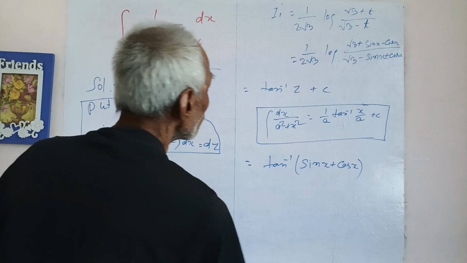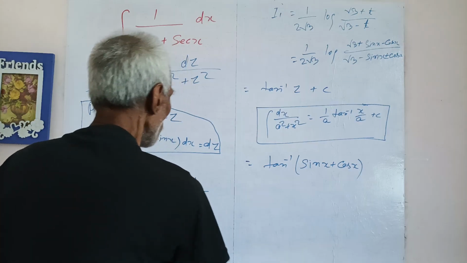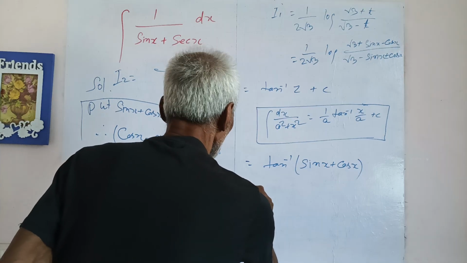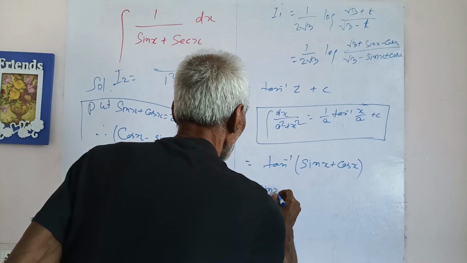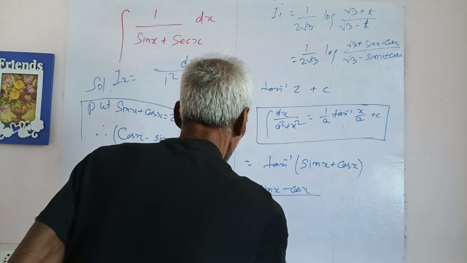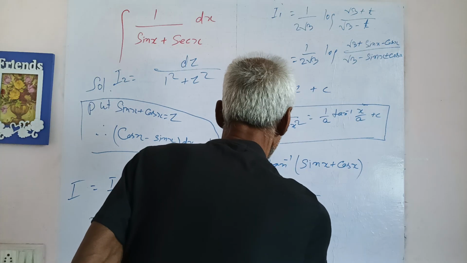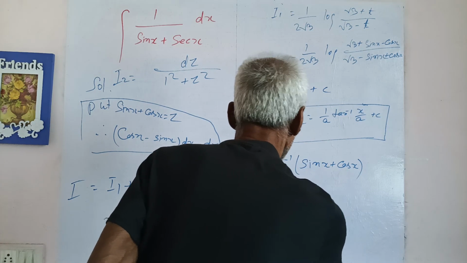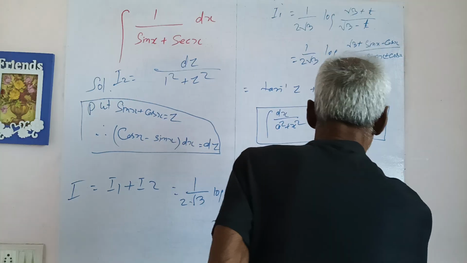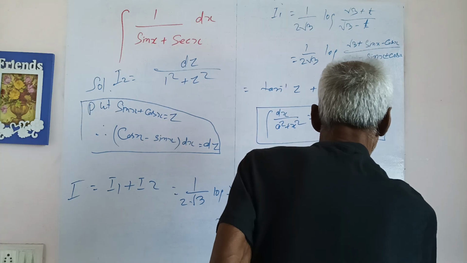Now write for I1, 1 by 2 root 3 log of root 3 plus sin x minus cos x by root 3 minus sin x plus cos x, plus tan inverse of sin x plus cos x plus c.